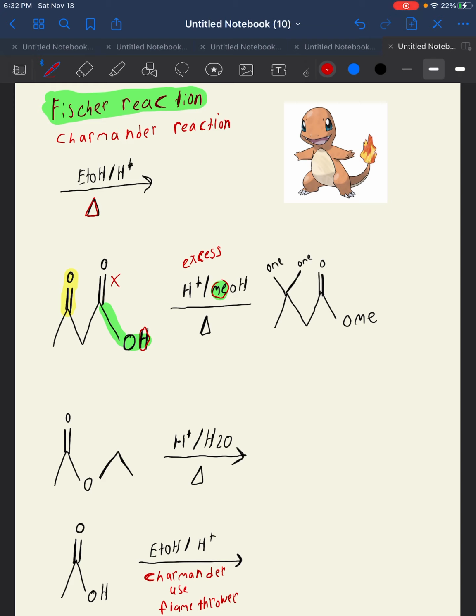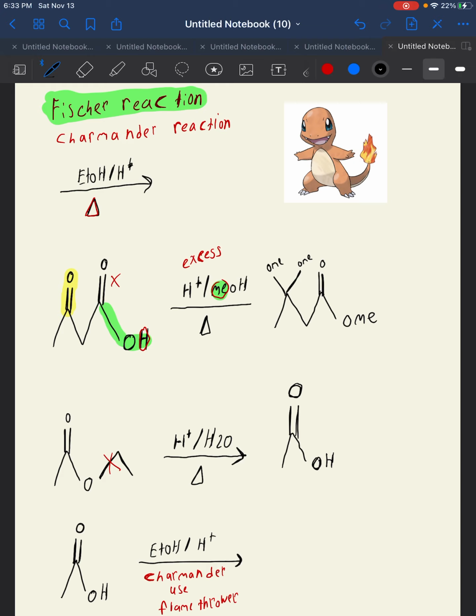So the next one, how would this work? Same thing occurs here. H2O reacts, H plus touch H2O. We will then add, this will be eliminated, and you would be left with a regular carboxylic acid.